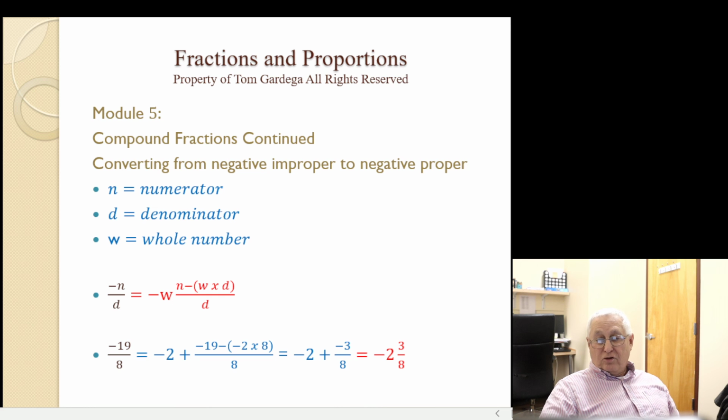So this is going to get changed to a plus sign. So negative 19 plus 16, we're going to subtract the smaller from the larger, 16 from 19, and keep the sign of the larger, negative 3. Negative 2 plus negative 3/8 equals negative 2 and 3/8.